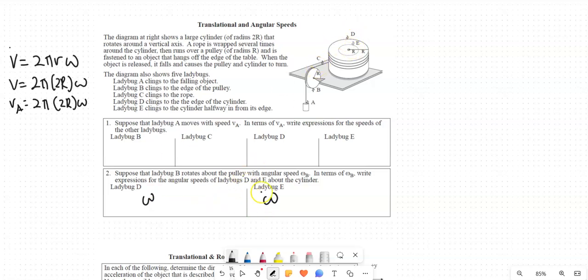Ladybug D and E, while the velocity of everything except for ladybug E is going to be the velocity of that first bug. Now you have to figure out that ladybug E, even though it has the same omega, has a size of just R. So that linear velocity is going to be 2 pi r times omega.